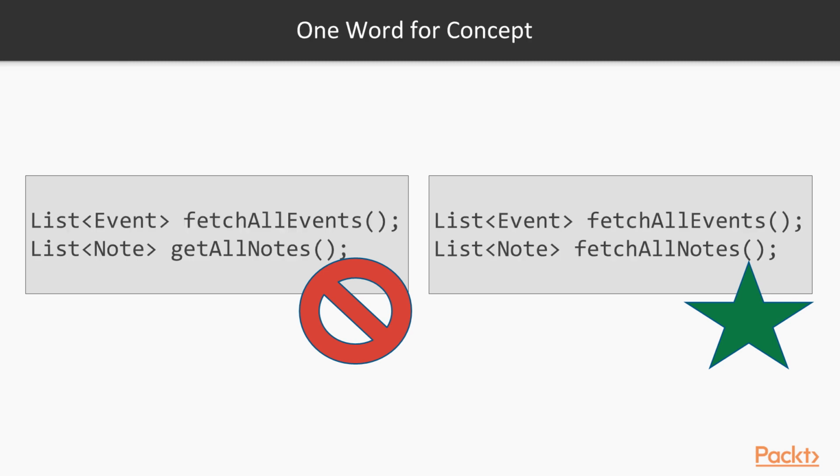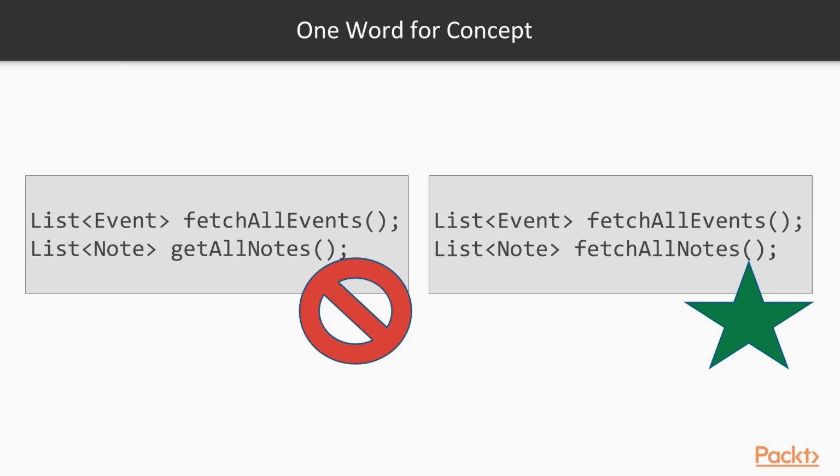One word for concept. So see the example on the left. You have fetch all events, and then you have get all nodes. So in both methods, you're returning a list of items. You're returning a list of events and a list of nodes. If you're actually doing the same action, you're returning items, you should be using the same word.